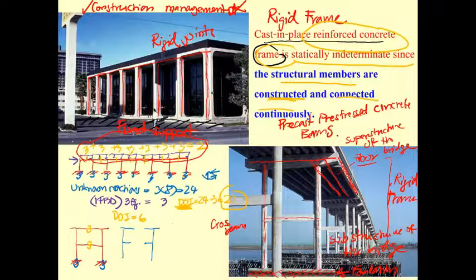So the unknown reactions are going to be 3 times 4, that is going to be 12. And the free body diagrams that you have are 2, and you have 3 equations for each free body diagram. So your number of equations is going to be 6, and finally your degree of indeterminacy is going to be 12 minus 6, and then it's also 6, as you may know.